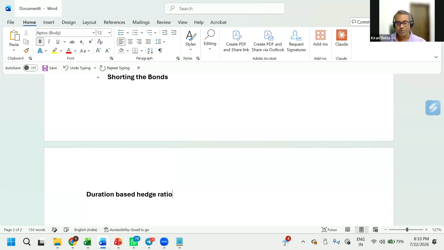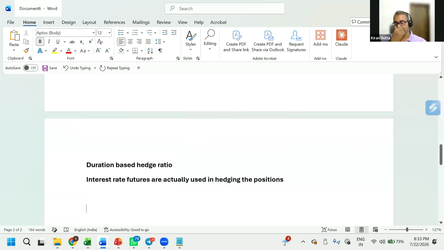Nothing to learn in this concept. Primarily, what it says is interest rate futures. What is interest rate futures? Our T-bills and G-secs are actually used in hedging the positions. Got it? So we only spoke about interest rate futures and G-secs, right?